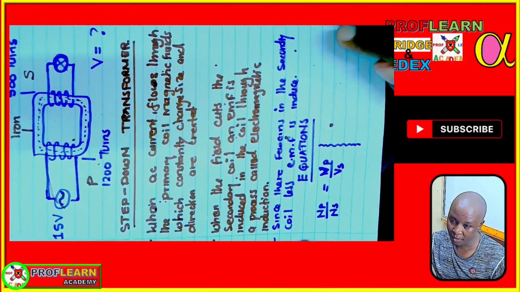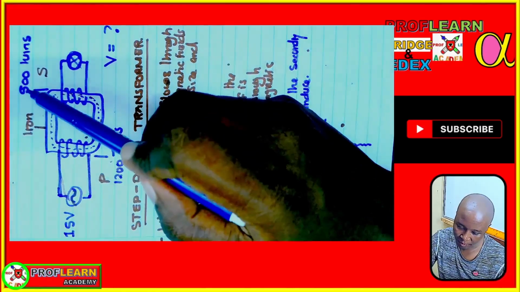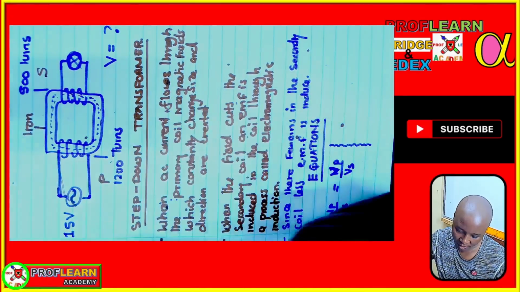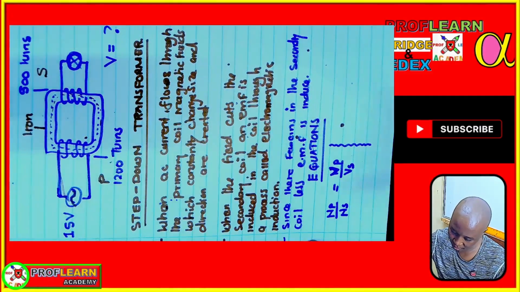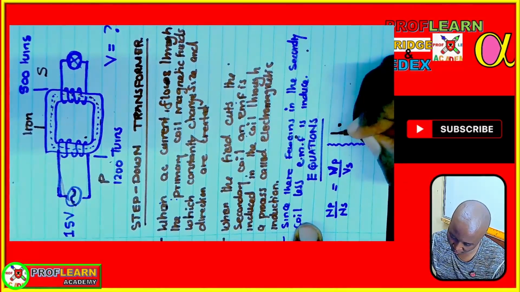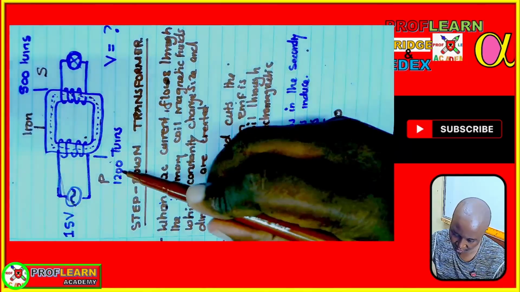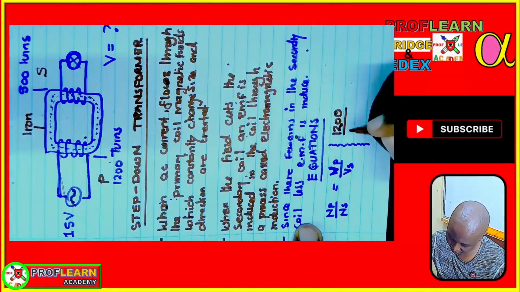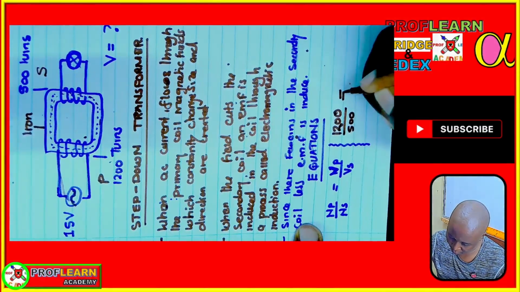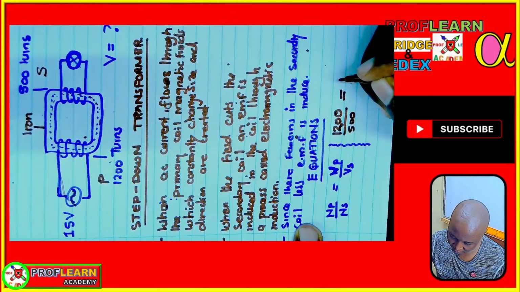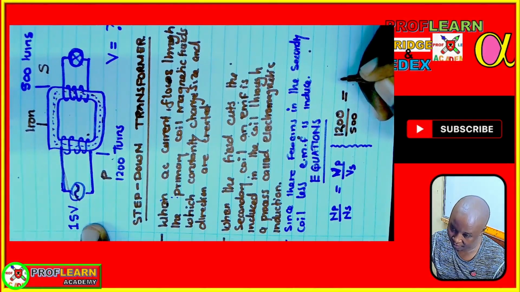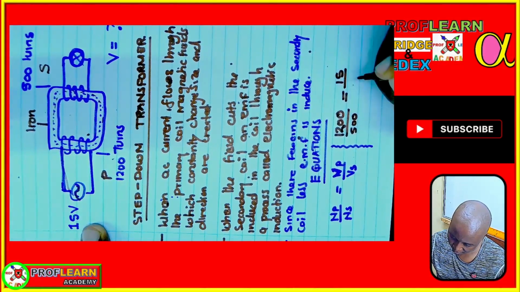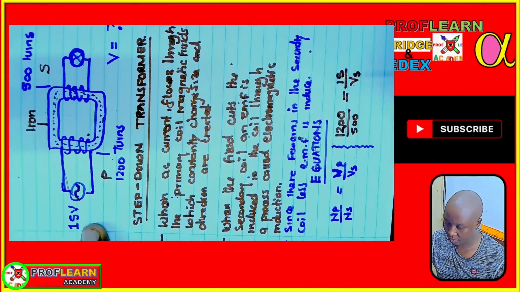For instance, here you can see we have the number of turns in the secondary coil at 500, and in the primary coil at 1200. So we can say in our calculation that 1200, the number of turns in the primary coil, over 500, the number of turns in the secondary coil, is equivalent to the voltage in the primary coil, which is 15 volts, over the voltage in the secondary coil, which we don't know.